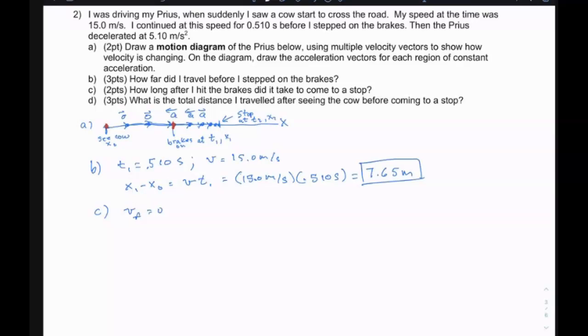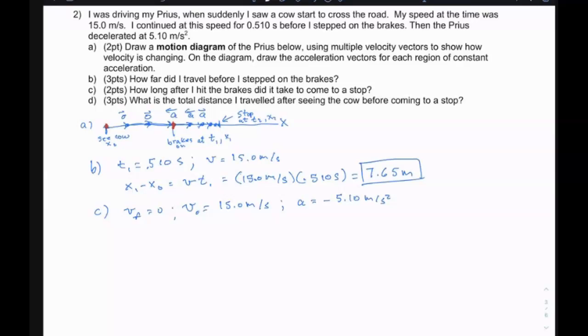And I know what the initial velocity is. It's 15.0 meters per second. And I know that the acceleration is equal to minus 5.10 meters per second squared.